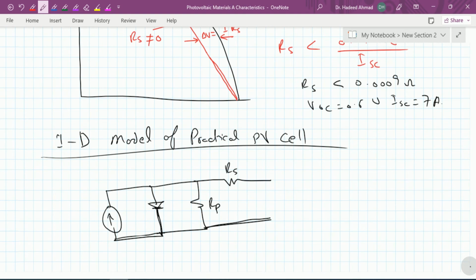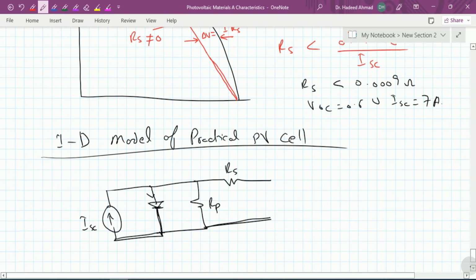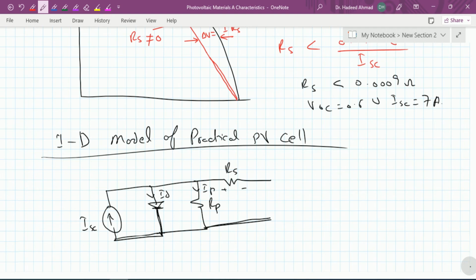So with this model in mind, we have this is ISC, this is ID, this is IP. Then we have a drop here as well across this resistance Rs, and consequently at the end we have this VPB and this IPB available here.